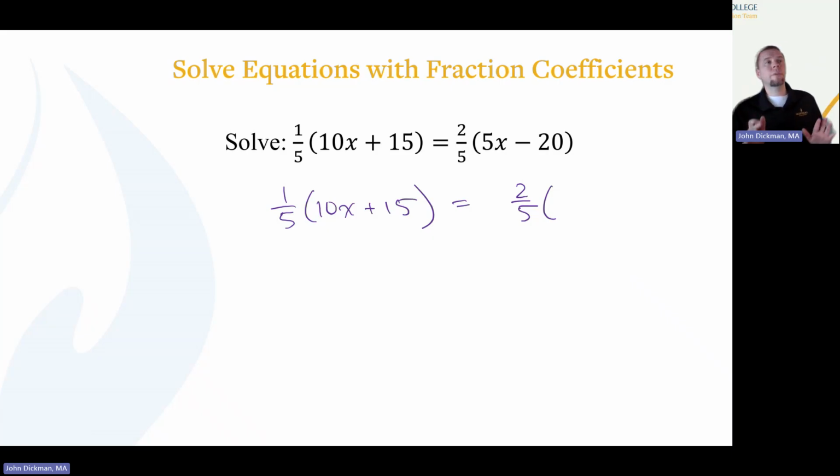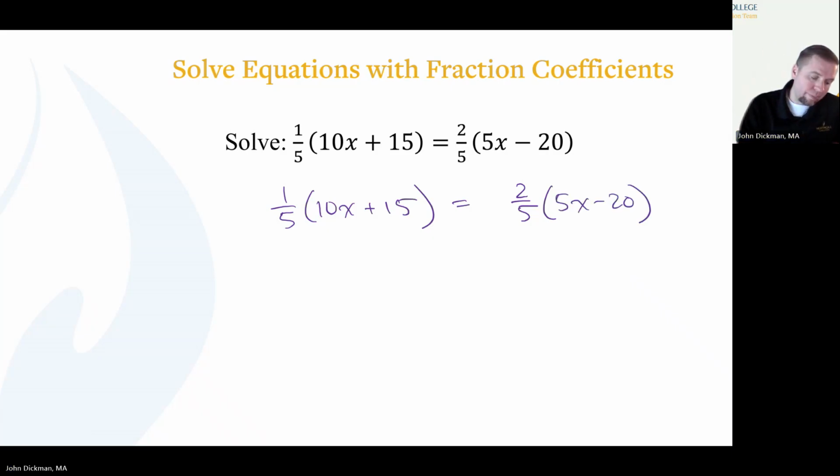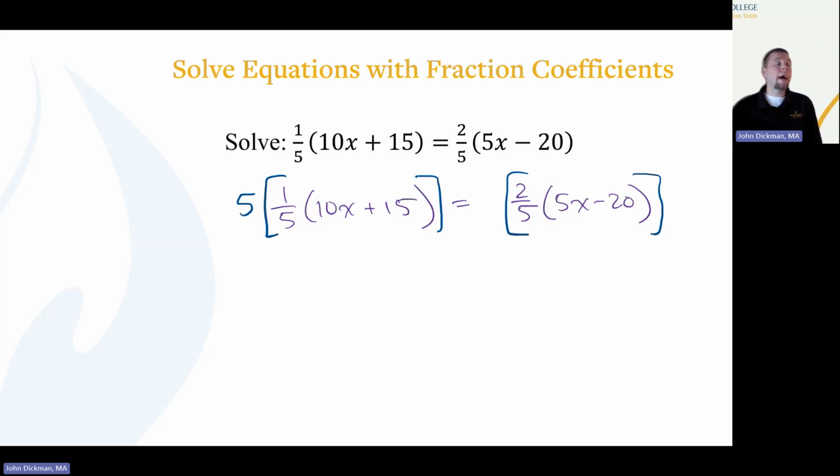So that's my original equation rewritten. Now I'm going to go ahead and multiply both sides of the equation by 5. And I'm choosing 5 because 5 is the least common denominator. The denominators are both 5, so the least common denominator is 5.